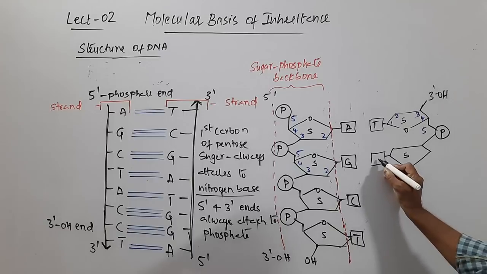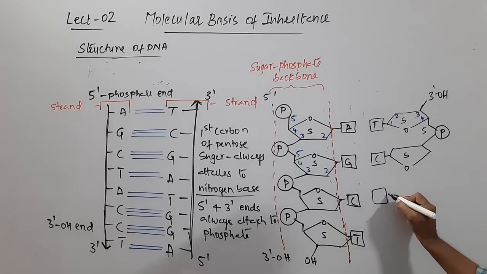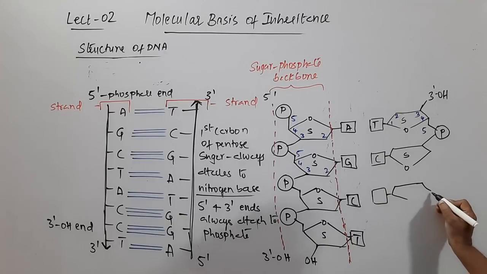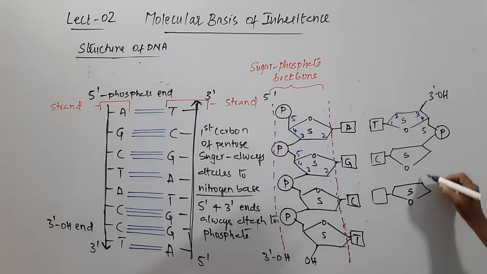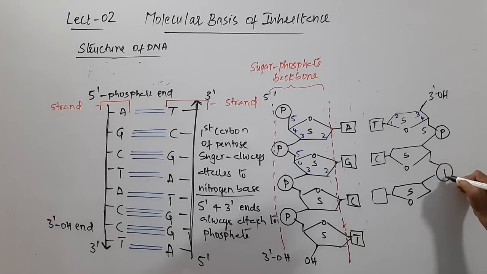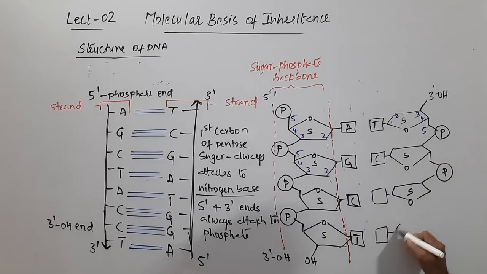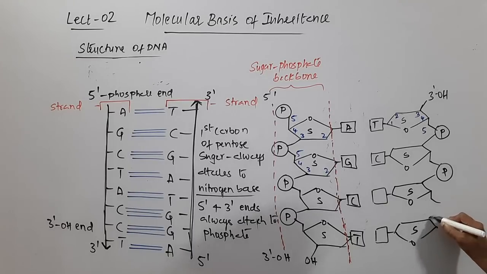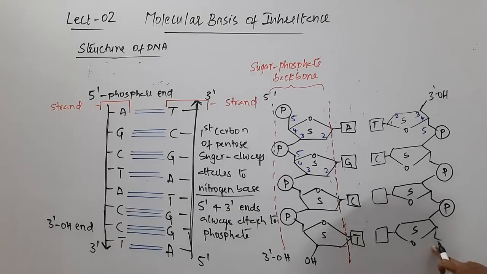This is C, and the sugar here is again attached to phosphate. Here this is the fifth, and you will again see a phosphate attached. So this will be the 5 phosphate end, and the opposite will be the 3 OH end.